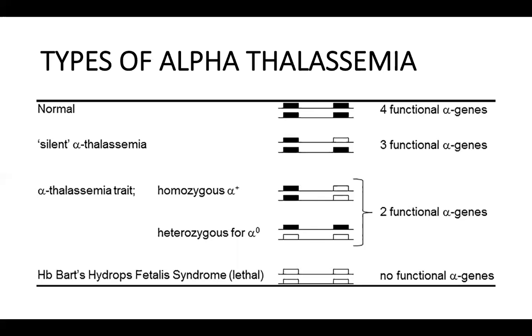When you order a DNA test for alpha thalassemia, it'll come back and say they have the mutation or not. But it doesn't tell you if it's a cis or trans mutation. Now, most of the time, we do not order an additional test to say if it's trans or cis.